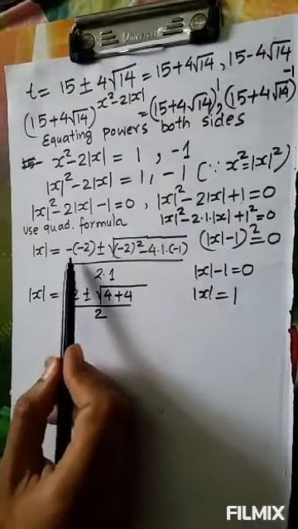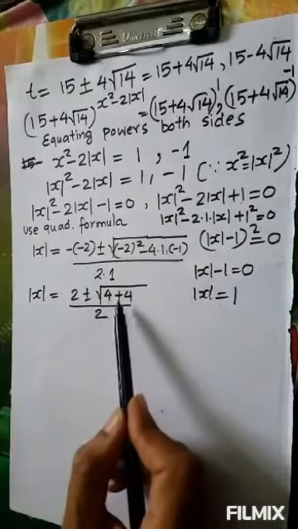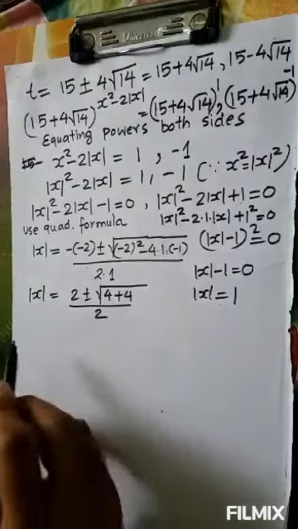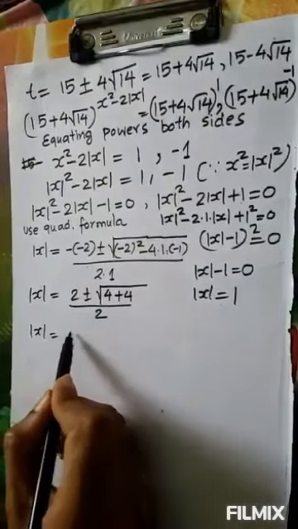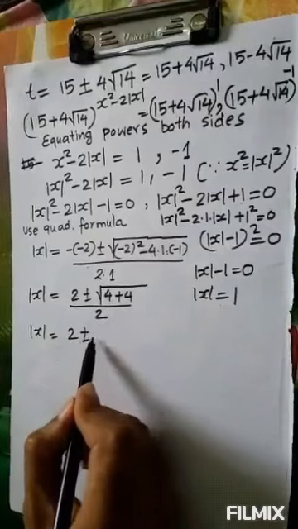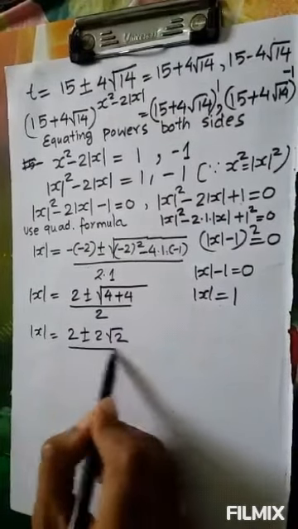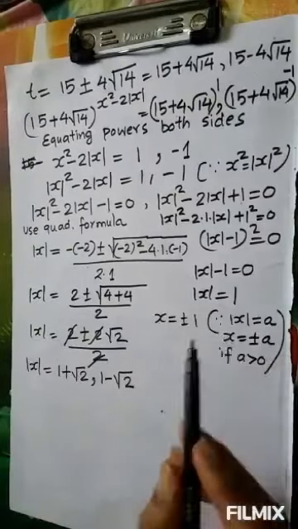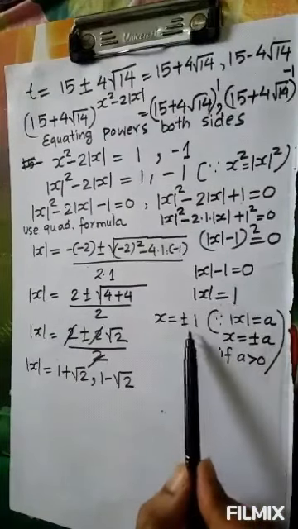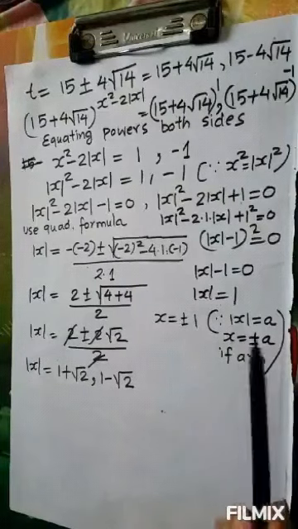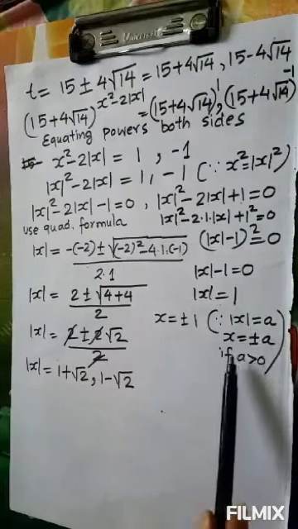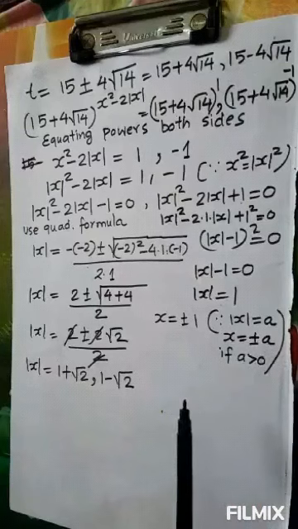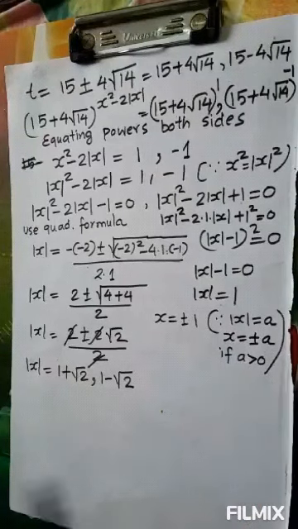Now here, plus 2, 4 plus 4, it becomes what? If you take 4 common, 2 comes out, here we are left with root 2 by 2, 2 gets cancelled. Mod x equals 1 gives x equals plus minus 1, since we know that mod x equals a has x equals plus minus a as the solution if a is positive.